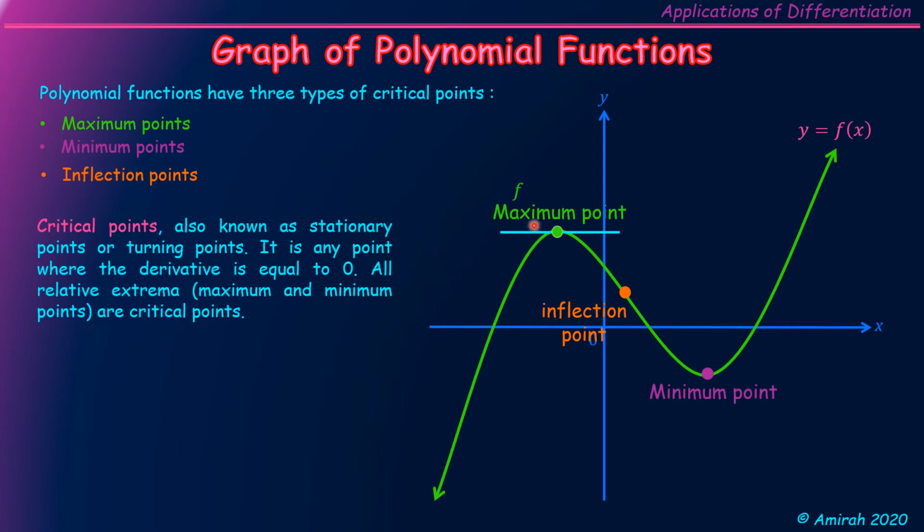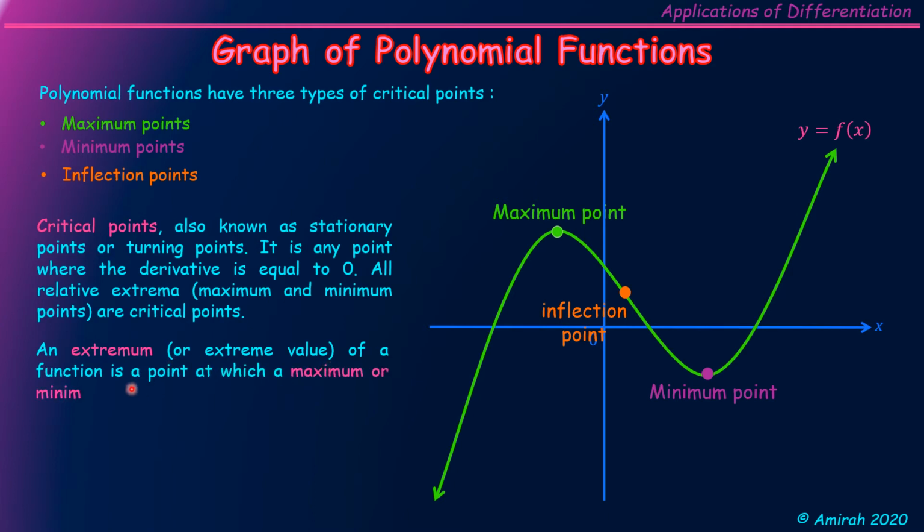To find maximum point, we need to equate f prime x equals 0, and the same goes for minimum point. An extremum or extreme value of a function is a point at which a maximum or minimum value of the function is obtained in some interval.